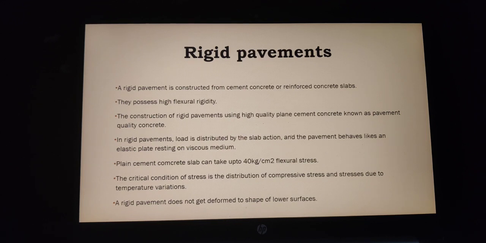In rigid pavement, the load is distributed mainly by slab action and the pavement behaves like an elastic plate resting on a viscous medium. It can take flexural stress up to 40 kg per centimeter square. The rigid pavement does not get deformed to the shape of the lower surface.